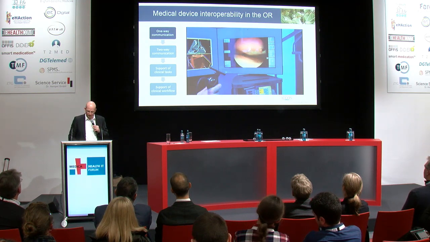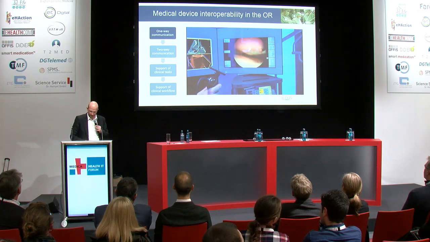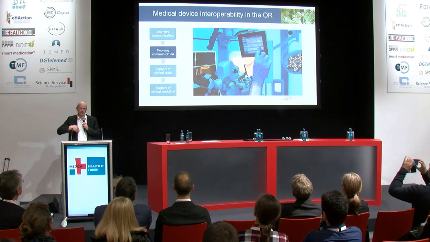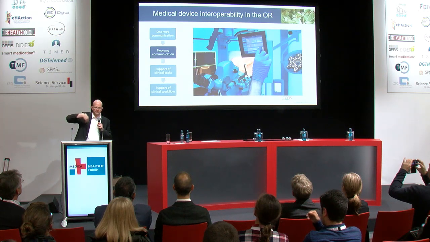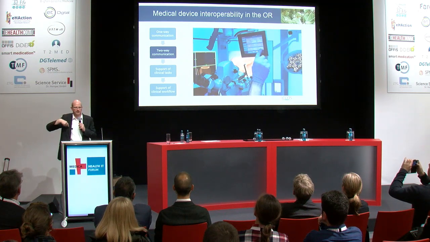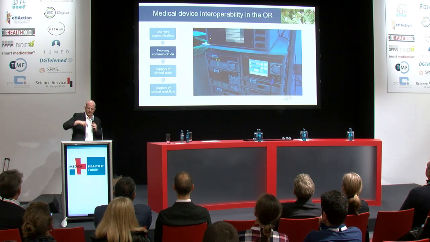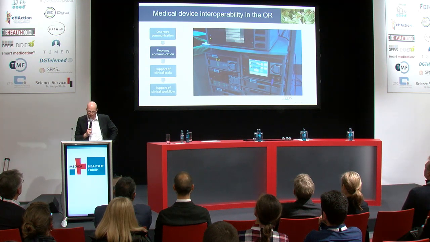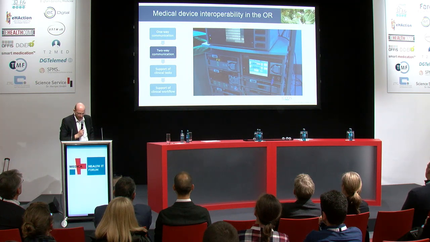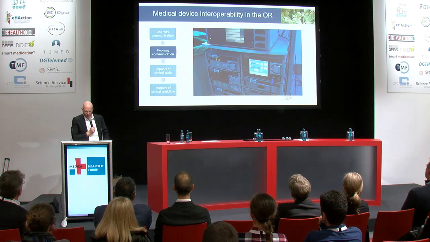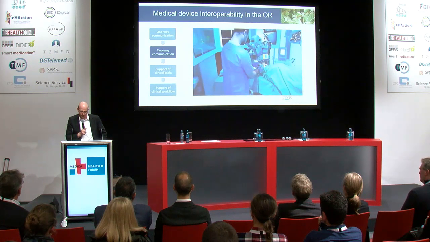So then we have the second stage of two-way communication. One-way communication is just a visualized parameter of one device on another device. Two-way communication means you send parameters in the first way and then offer the opportunity to control the devices over the network. Here you see an example where we used a microscope screen to adjust the drill speed of another vendor.